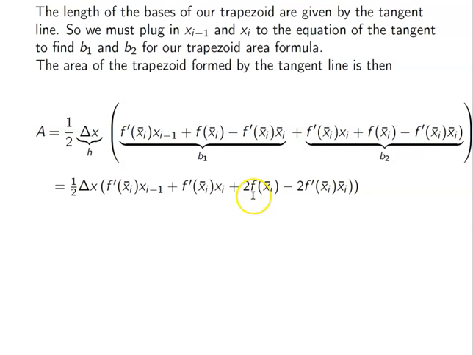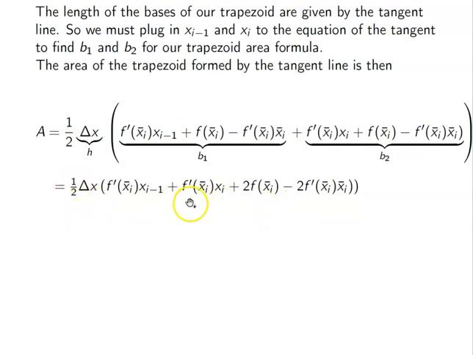I have two f prime x_i bars, one here and one here, and I have two of these parts. These two parts, the first parts in the B1 and B2 calculation, are different. One is x sub i, one is x sub i minus 1, one less than that. Left endpoint, right endpoint. Okay, we got the delta x and then 1/2.